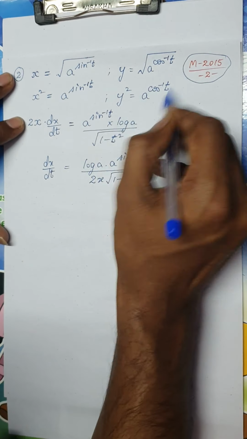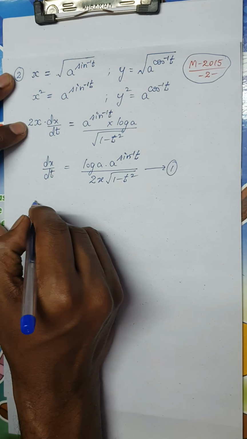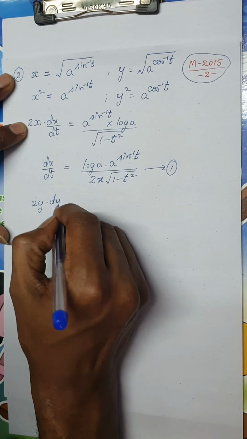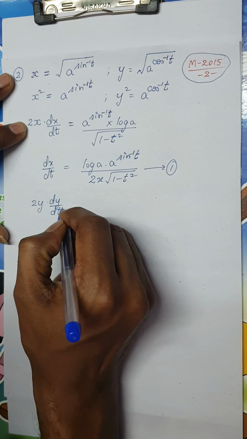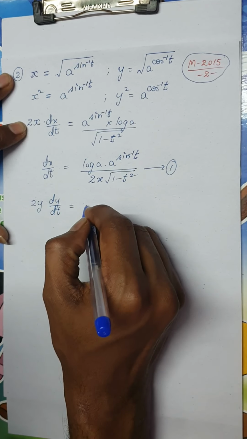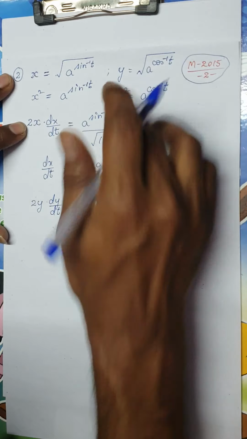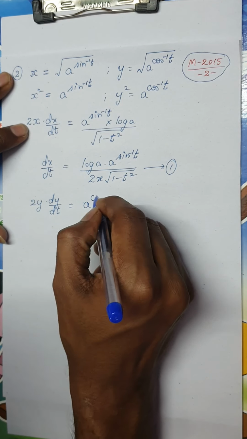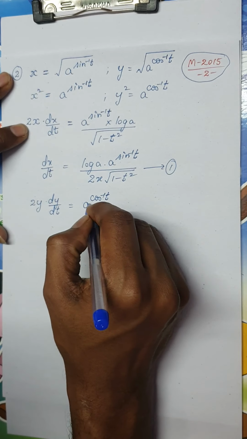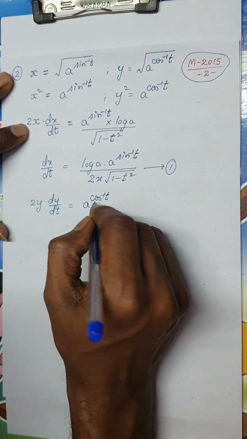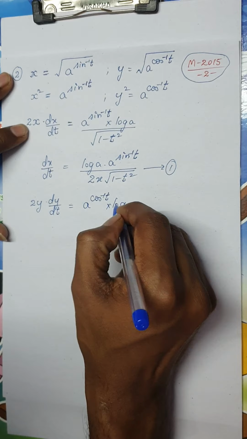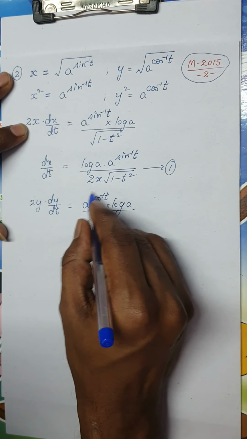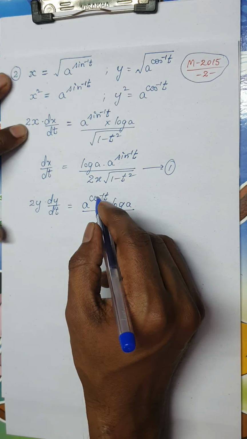Similarly, differentiating y square, the derivative of y square is 2y into dy by dt. This is nothing but the derivative of a power f of t, which is a power f of t into log a, into the derivative of cos inverse t.